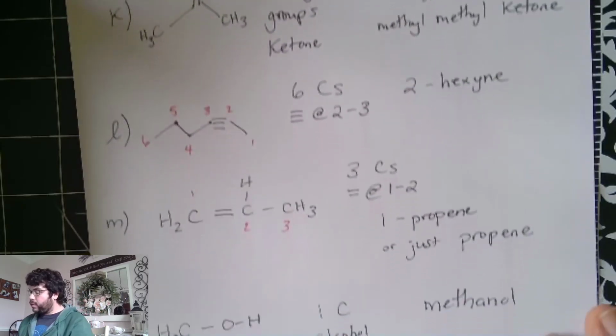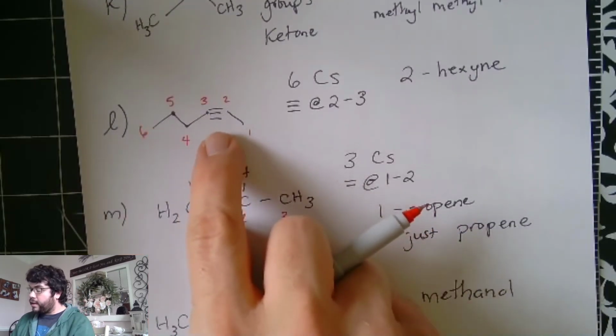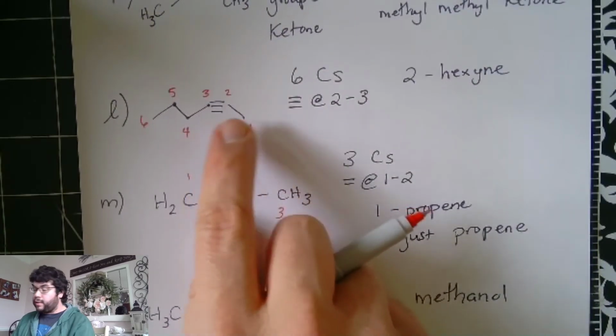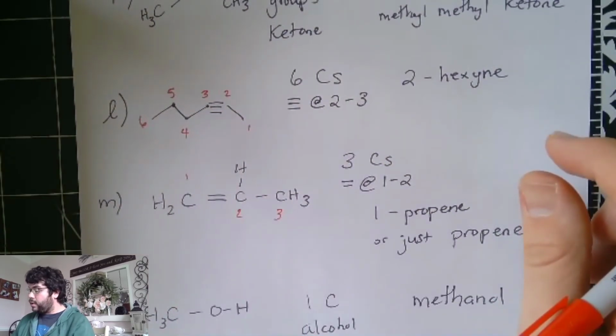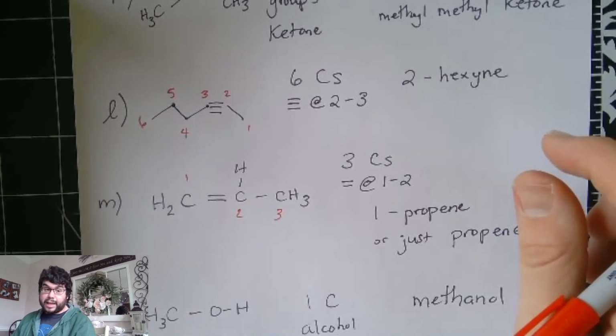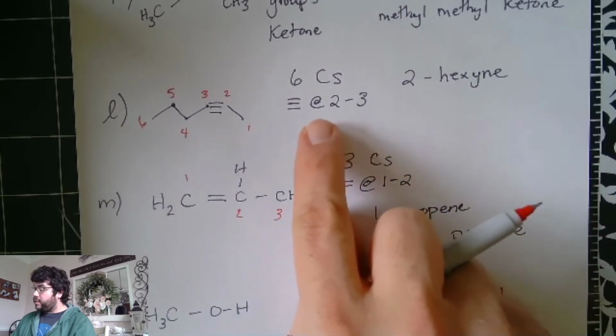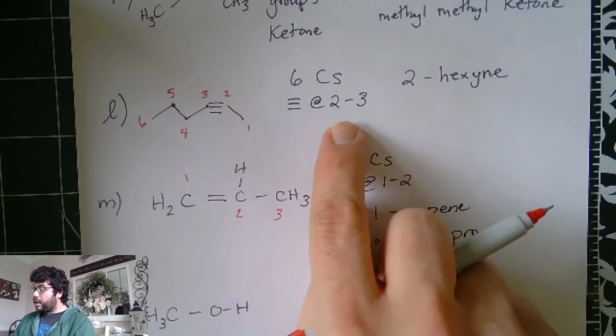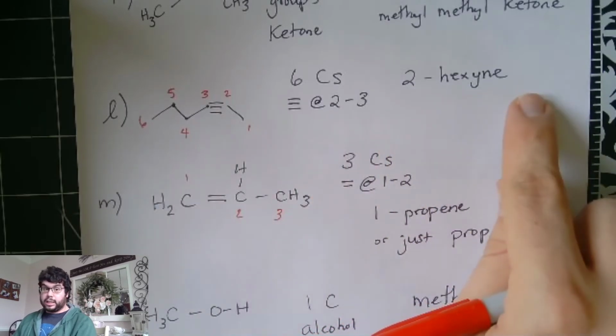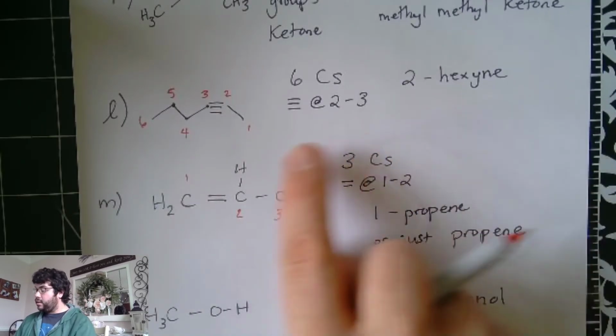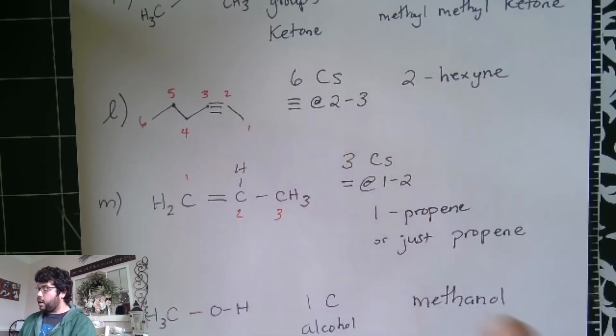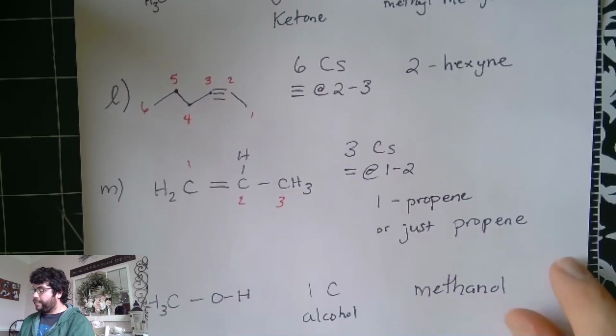Next one, we've got a long carbon chain, but we've got a triple bond between the 1st and the 2nd carbons. So it's some sort of hexene, and the 2nd and 3rd carbons have that double bond, so we're going to call it 2-hexene. 6 carbons, hex, ene at the 2nd carbon to the 3rd carbon, 2-hexene.